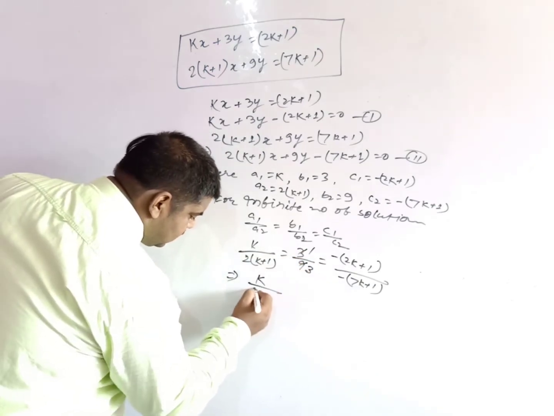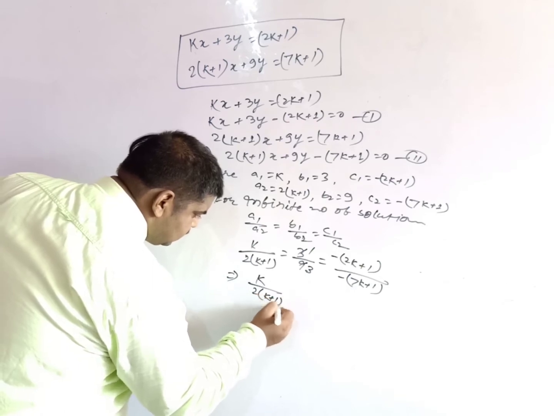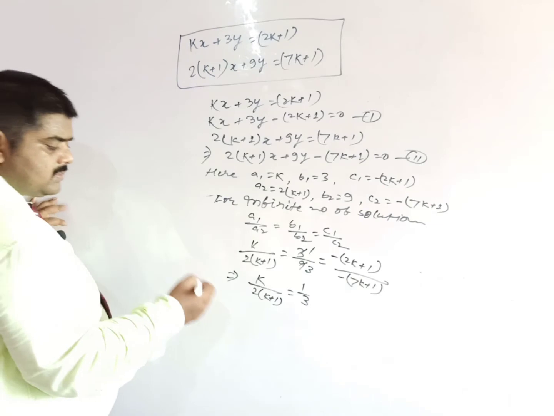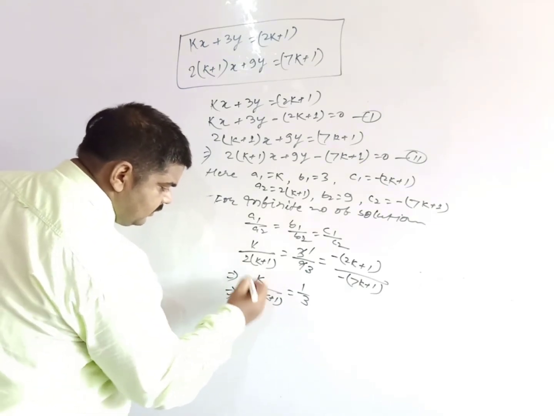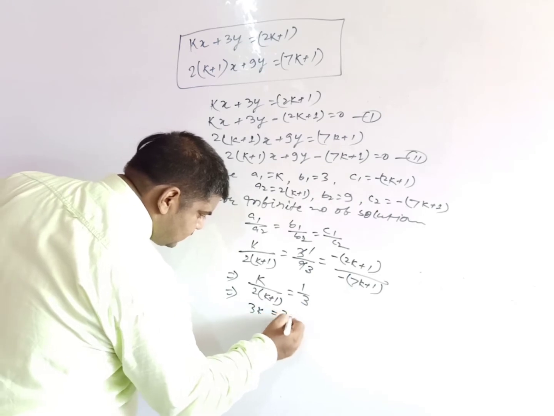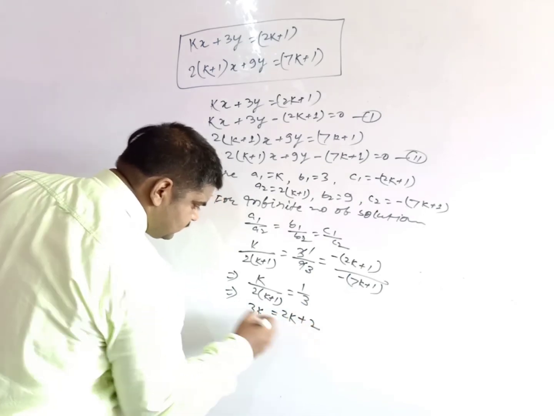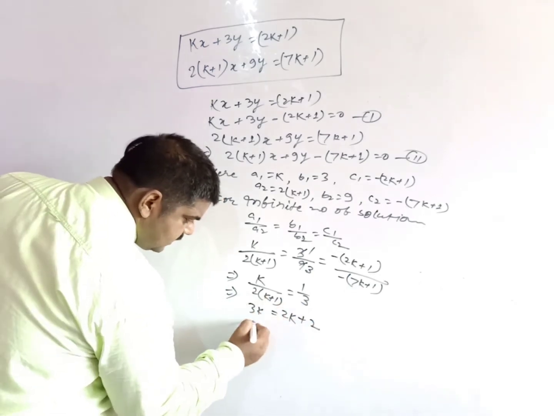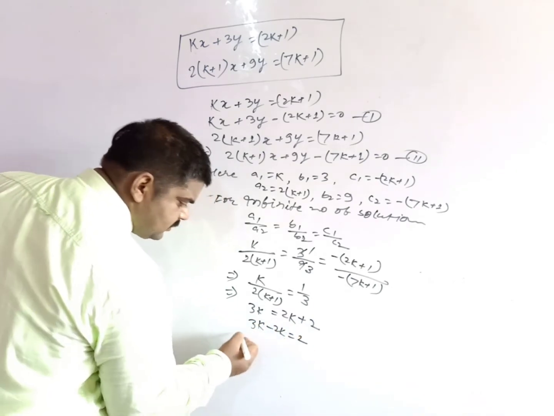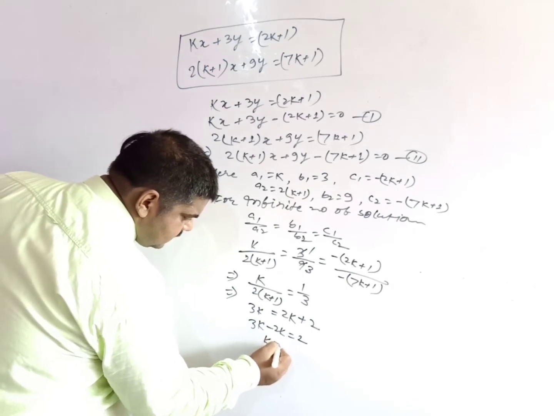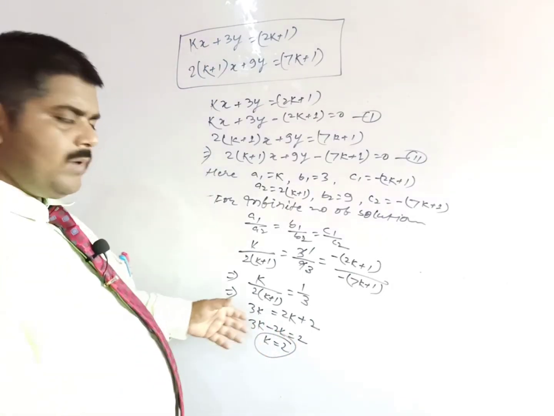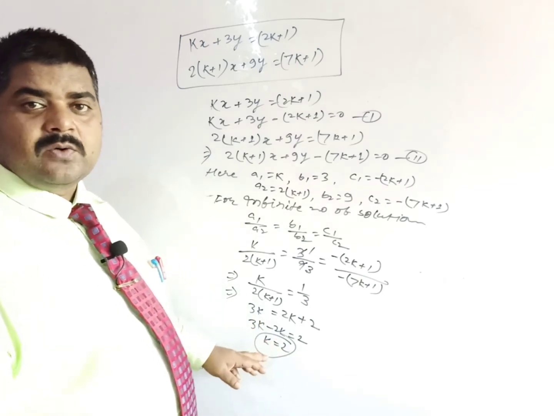So k upon 2k plus 1 is equal to 1 upon 3, and by cross multiplication, 3k is equal to 2k plus 1. Then 3k minus 2k is equal to 1, and therefore k is equal to 1. The answer you have found is k is equal to 2.